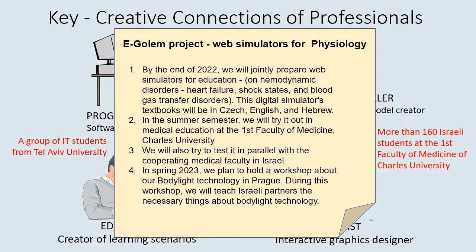In the spring of next year, we will organize a workshop for IT students from Israel in Prague, where we will teach them how to use our BodyLight technology in creating interactive simulation digital textbooks.